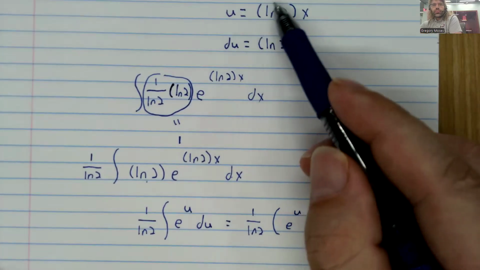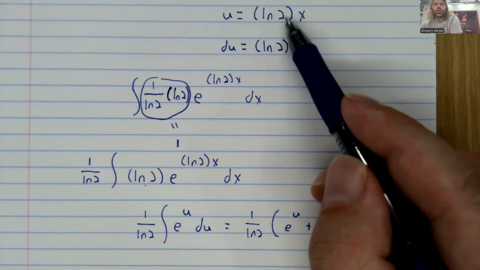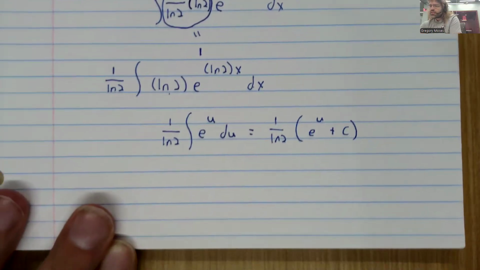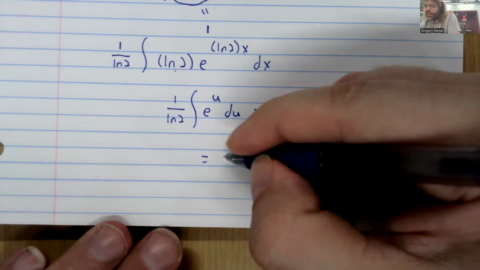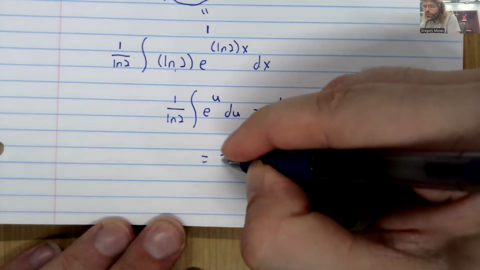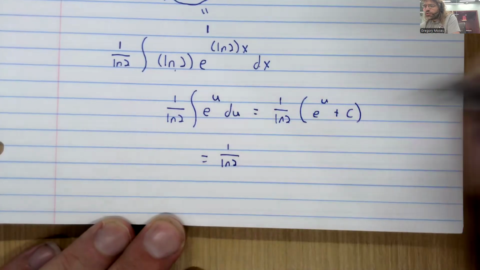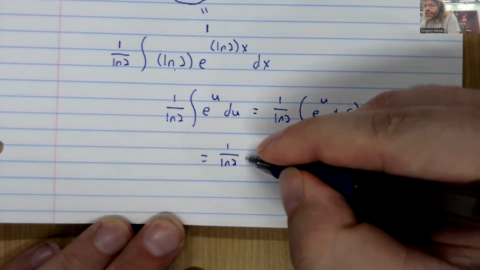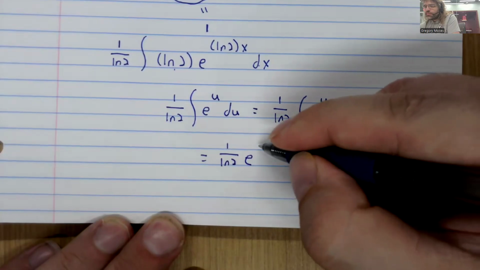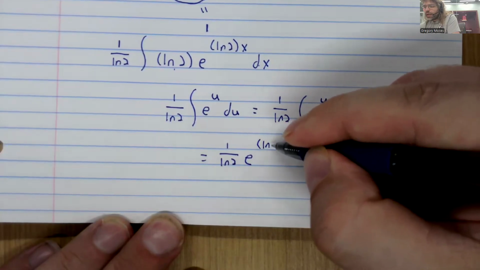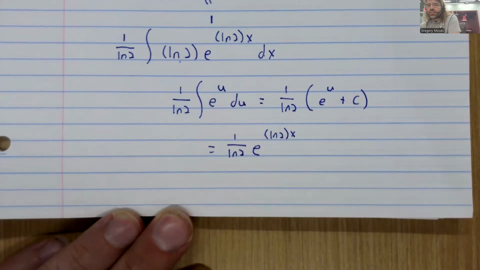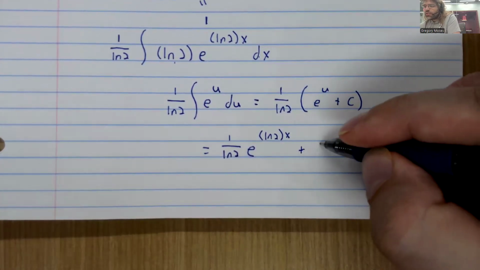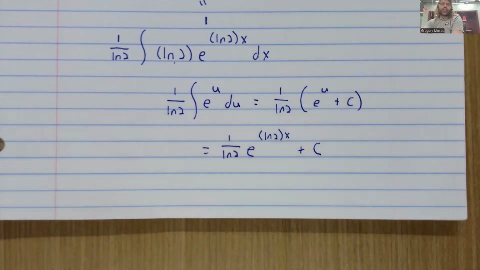And now u is the natural log of 2 times x. So I can rewrite this as 1 over the natural log of 2 times e to the ln 2 times x plus a constant of integration.